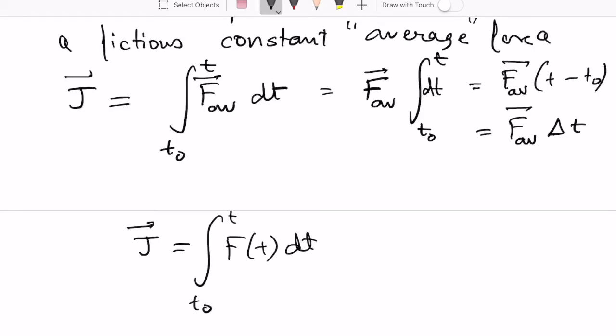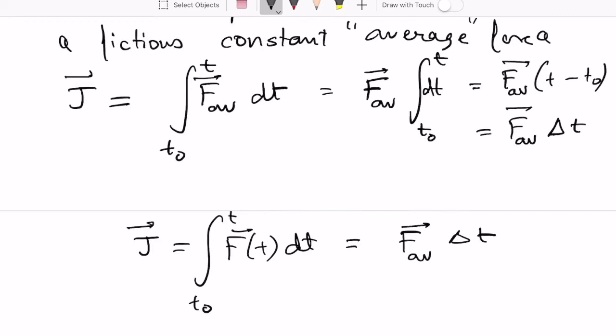You can also write the impulse as F average times delta t, where F average is a fictitious average force that you're using instead of the real force, which has a very complicated time dependence. In terms of that, the impulse is simply the average force multiplied by delta t.